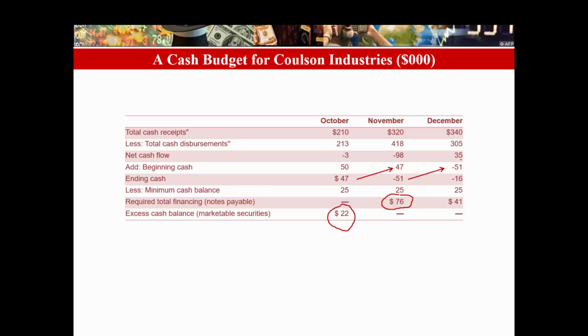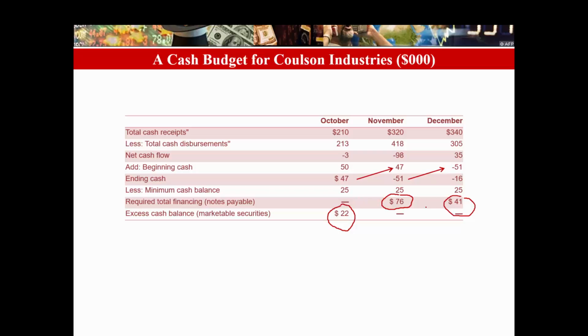We have $35,000 of surplus in here. That means that we still have a $16,000 cash deficit plus the $25,000 minimum cash requirement. This means that we still have $41,000 of financing for December.